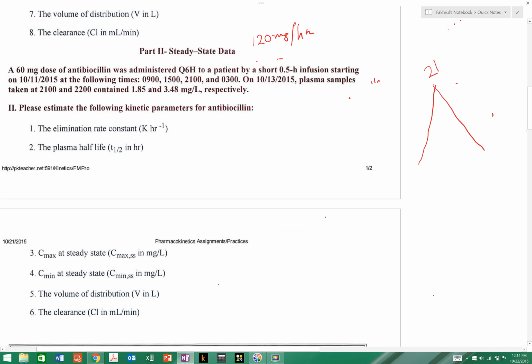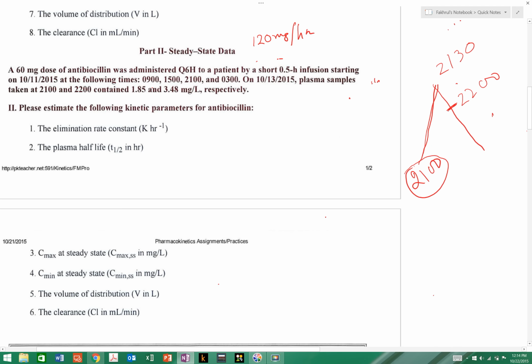When you administer the drug, it's 2100. You have administered the drug at 2100, and then you stop at 30 minutes, which is 2130, and then you took a sample at 2200. If you want to move this, always look into the trough sampling time.